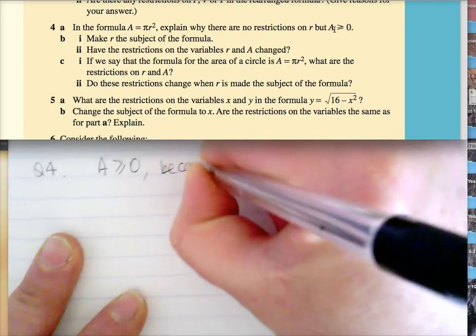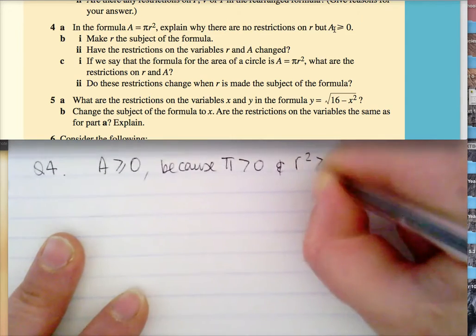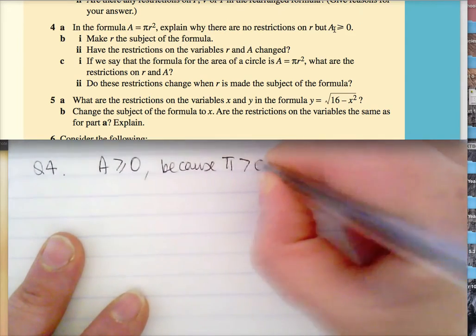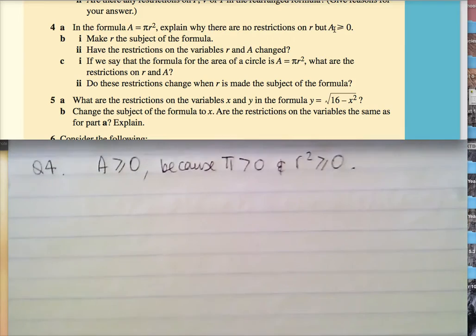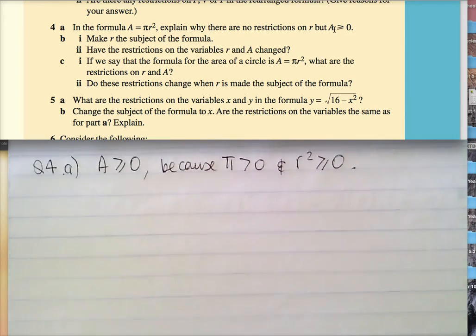Why? Pi is greater than 0 and r squared is always greater than or equal to 0. So for part A, in the formula a equals pi r squared, it says explain why there are no restrictions on r, but a is always greater than or equal to 0.